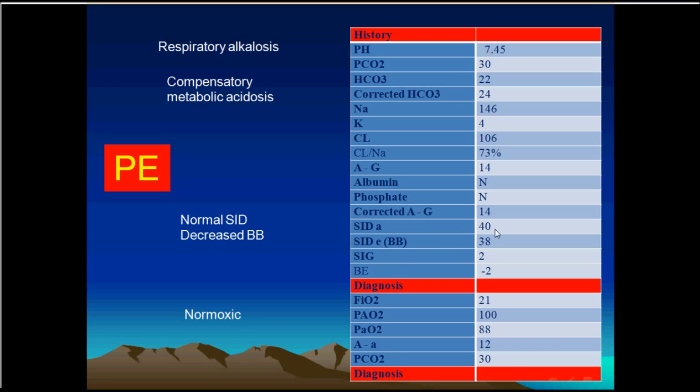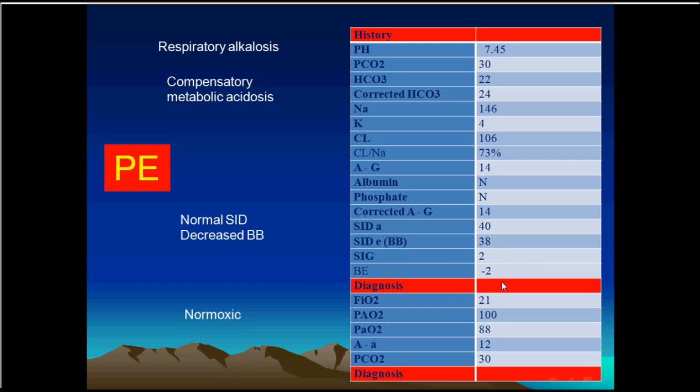When you look at the strong ion difference of this patient, which is sodium minus chloride, 40 is normal, but the buffer base of this patient is 38, which is bicarbonate plus total weak acid, so it is 38, which is less than 40. This means that there is some sort of metabolic acidosis. We know that this is a compensated metabolic acidosis due to the loss of bicarbonate, and therefore the strong ion gap is 2.